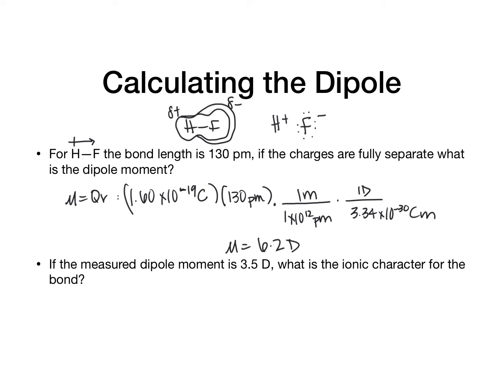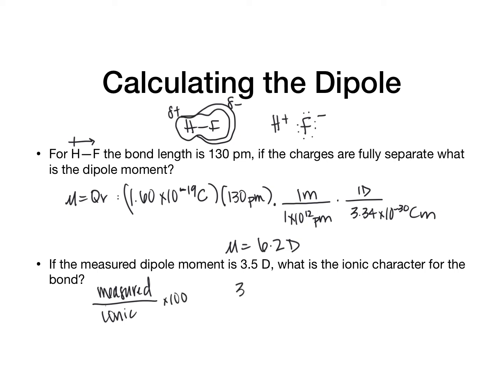So this is an ionic bond character. But using different mechanisms, we measured it to be 3.5. So we can calculate what the ionic character for the bond is. It is the measured dipole divided by the ionic dipole, multiplied by 100.